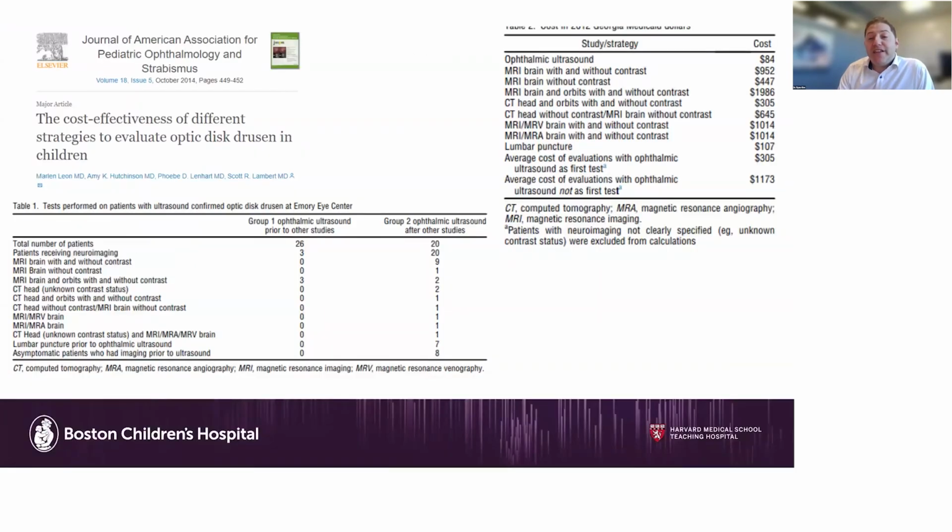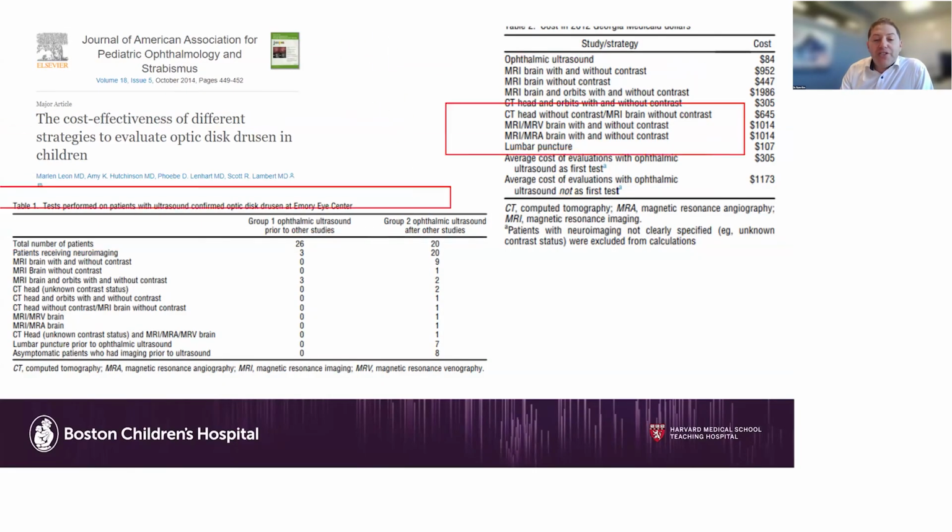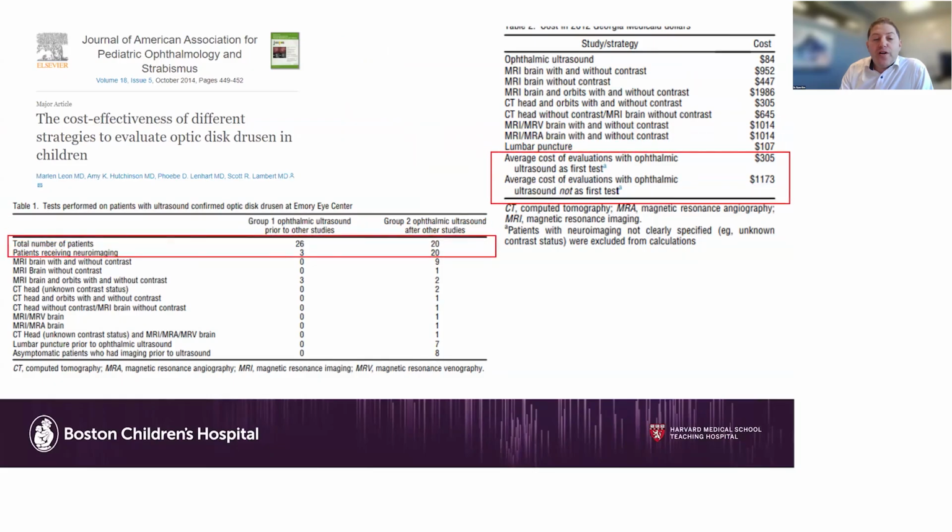But in this study, which I think is really important, especially since there's people all over the world on this call and this webinar, what they looked at was patients who were seen by ophthalmology who got an ultrasound first or got an MRI first. And in the United States, we obviously have a problem with the cost of healthcare.